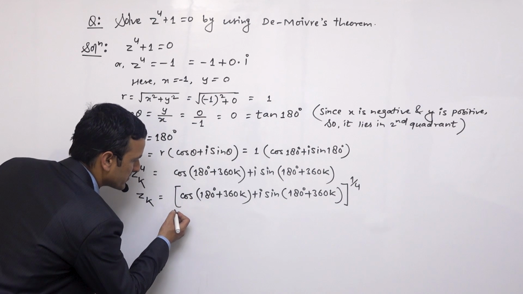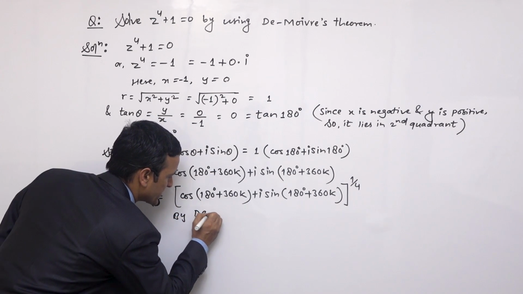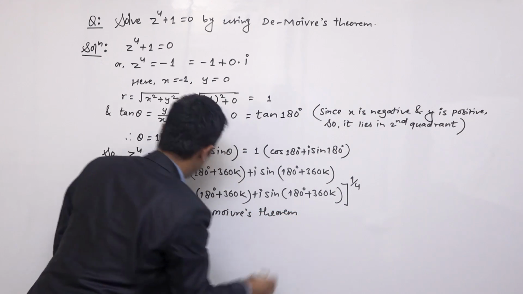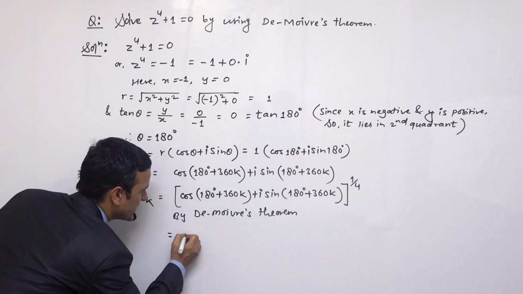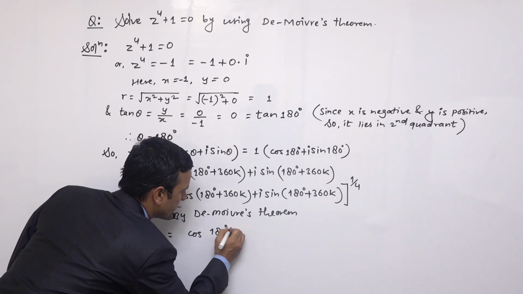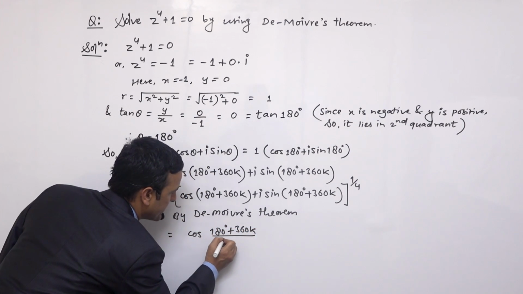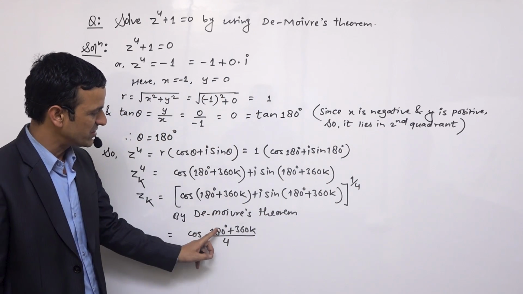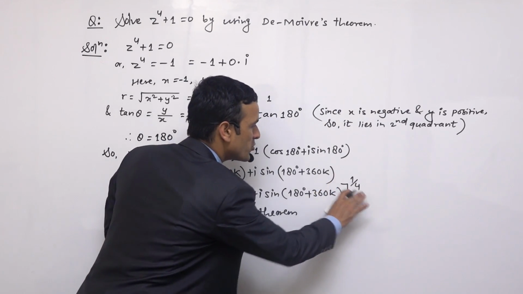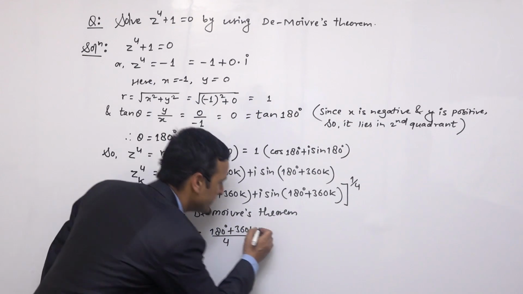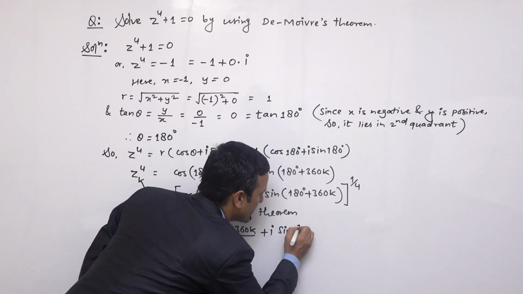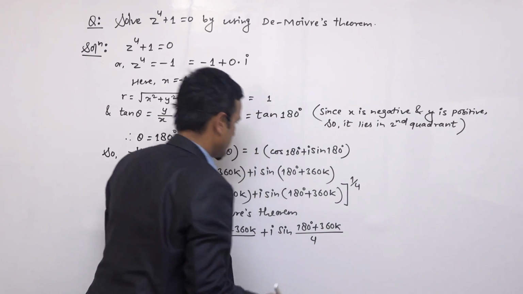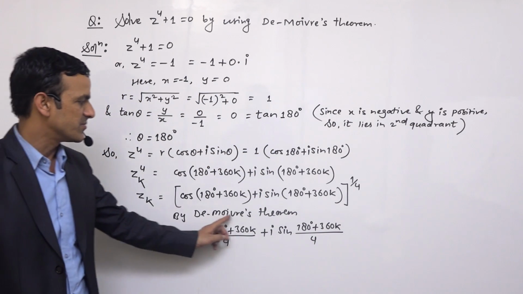Now we can use de Moivre's theorem. So by de Moivre's theorem, we get cos of (180 plus 360k) divided by 4, and this is n times theta, so divided by 4. 4 down denominator मा भएको हुनाले यहाँ पनि 4 denominator मा हुन्छ, plus i sin (180 plus 360k) divided by 4. So this is obtained from de Moivre's theorem.